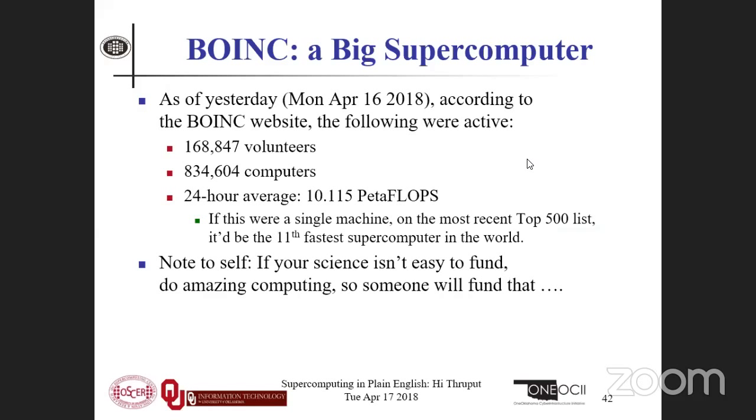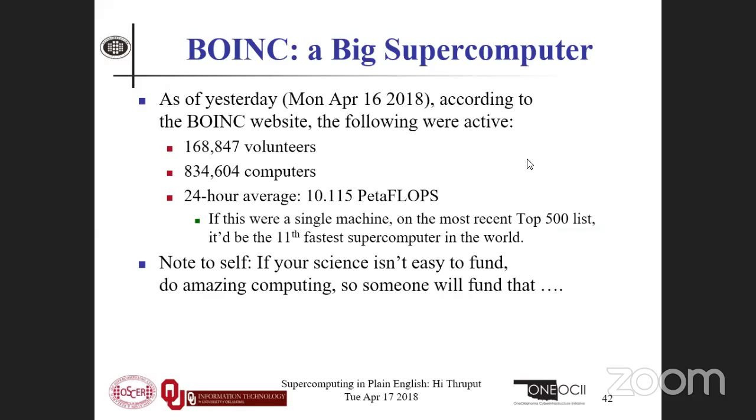Okay, and then a note to self, and this was a great trick that someone I knew in grad school used to do, because they had science that was very hard to sell as it was going to save lives and property, right? You can easily sell, oh, we need money for weather forecasting because people get hit by tornadoes and die. Or you can easily sell, oh, we need money to cure diseases because people get sick and die, right?